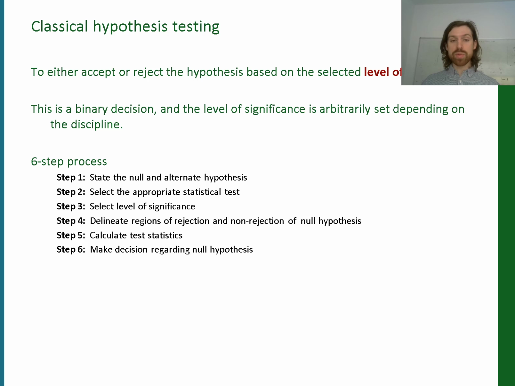The reason we're doing that is because we all use packages to run statistical tests, and that's fine once you know what the package is doing. But at this stage, we need to make sure that you understand how to calculate these statistics manually, so that you have a decent understanding of what the code's doing behind the scenes. Finally, we need to make a decision regarding the null hypothesis in the final step.